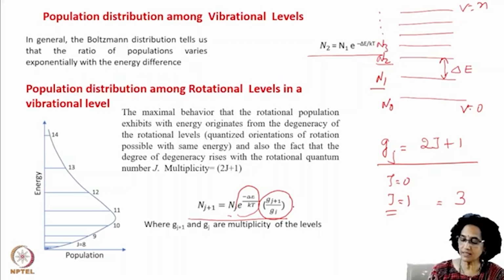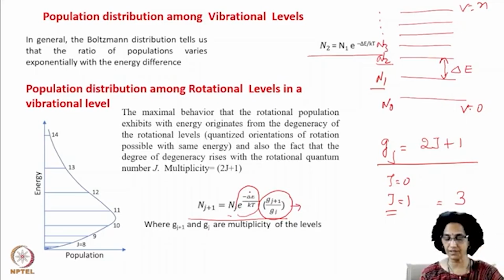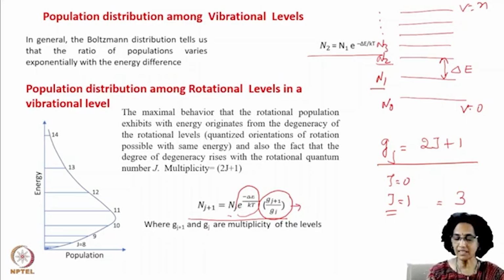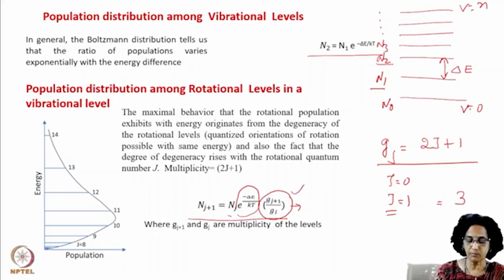This factor increases with increasing J, and the other reduces as the energy increases, and therefore there is a maximal effect. Initially, this factor is dominating, so the population is increasing, and as the energy increases, the exponential decay factor dominates, and therefore the population reduces.